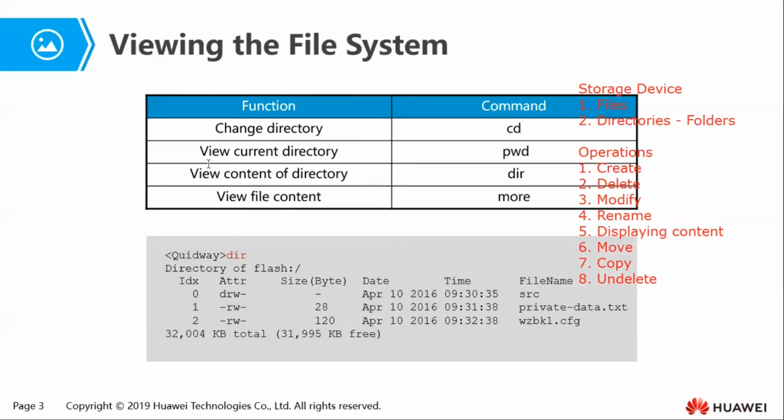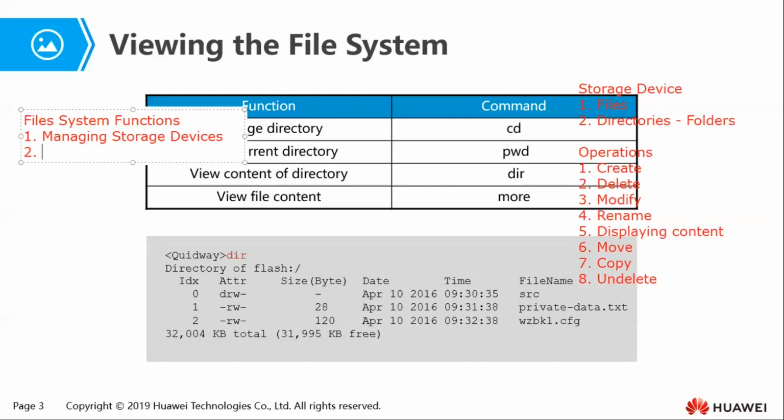Now, let's look at the two main functions that the file system is responsible for. Number one is managing the storage devices. Number two is managing files that are stored on those devices.